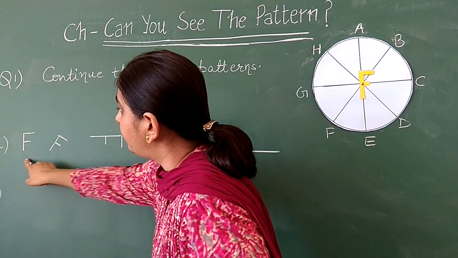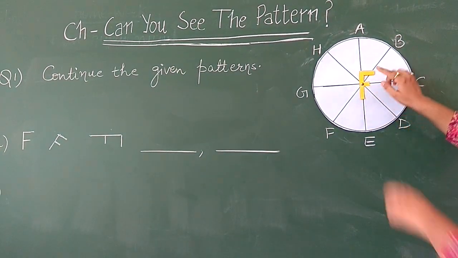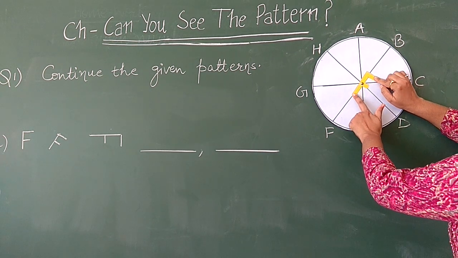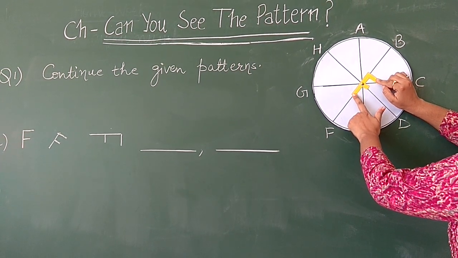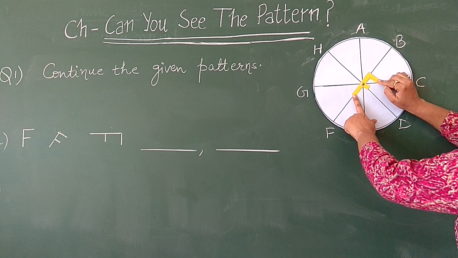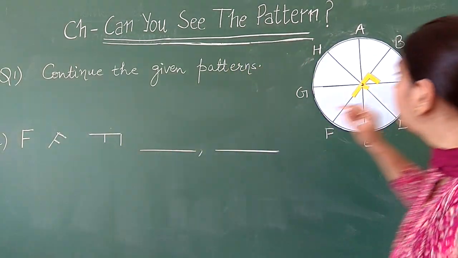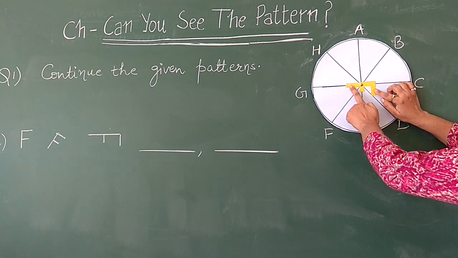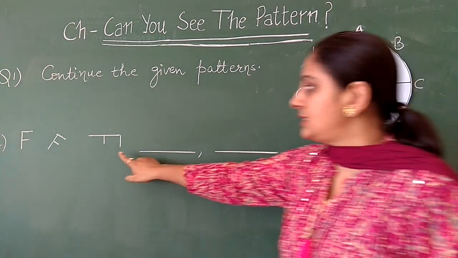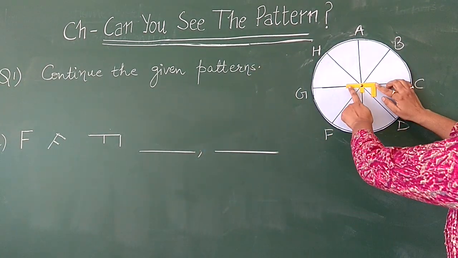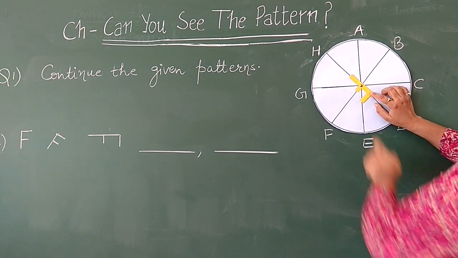Now this letter F, it is looking like this. Now look for the next term. If you give 1 by 8th turn to this letter F in clockwise direction, it will look like this. Now it is looking like this. If you give one more 1 by 8th turn, it will look like this. Now we are going to give one more 1 by 8th turn to this.